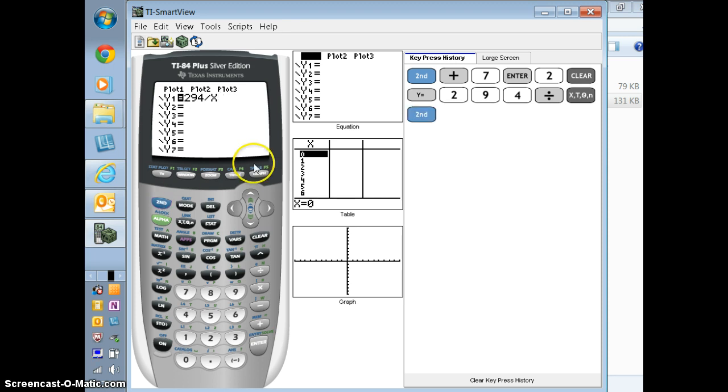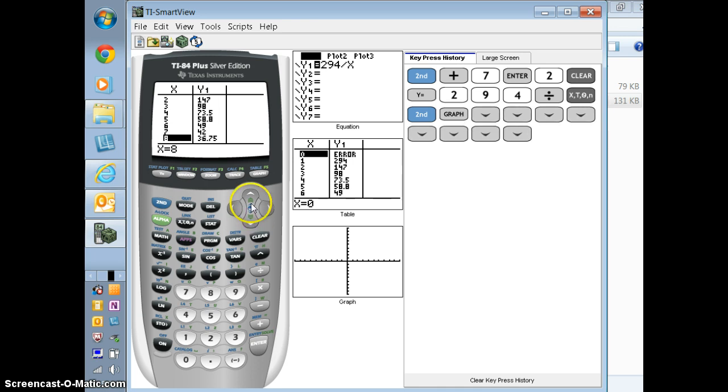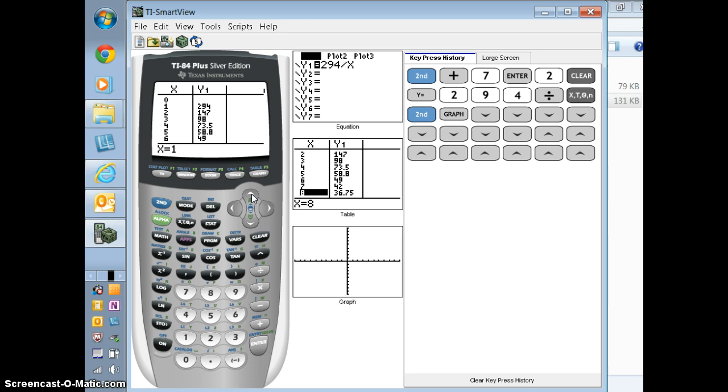So you hit second and then graph. And what this does is gives you everything that multiplies to give you the number that you need. So we're looking for multiples of 294 or factors of 294. Don't choose 1 because that goes into everything. So let's use 2 and 147.